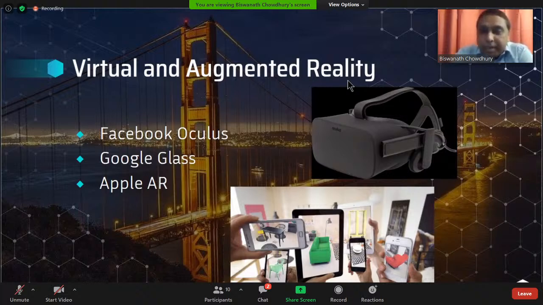We have augmented reality where you can use some object in whatever location you are, and it's being used in multiple applications such as in physical therapy or in interior design.